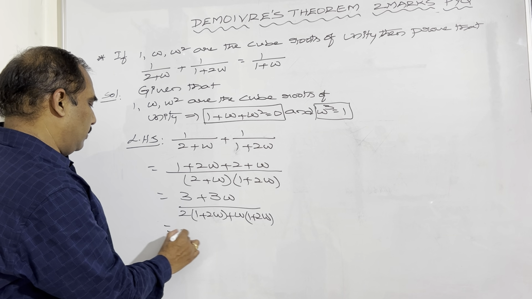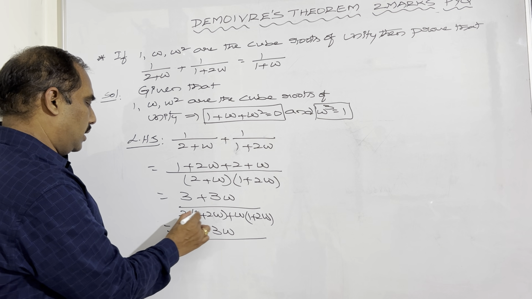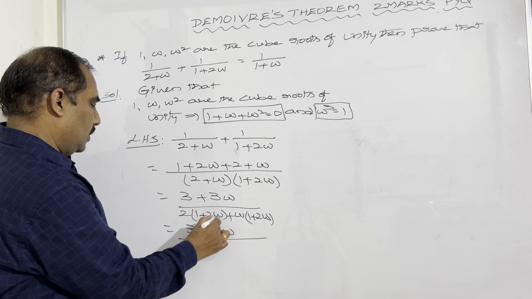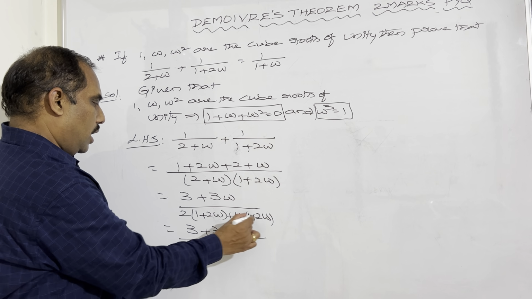So if you multiply, 3 plus 3 omega whole divided by 2 plus 4 omega, and here omega into 1 is omega plus 2 omega square.